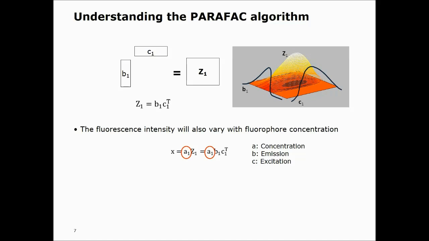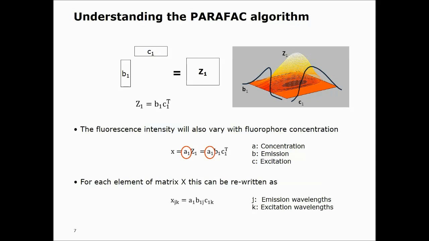However, the fluorescence intensity of this fluorophore also varies with concentration, so we also need to include a concentration term, which is called A1. So the emission excitation matrix equals the product of A1, B1, and C1. But since we're dealing with a matrix, we can rewrite this whole notation in a different form and simply represent the fact that we're measuring multiple emission and excitation wavelengths.